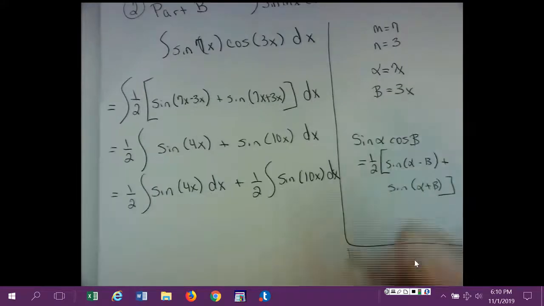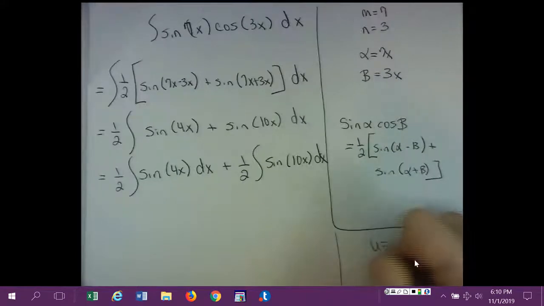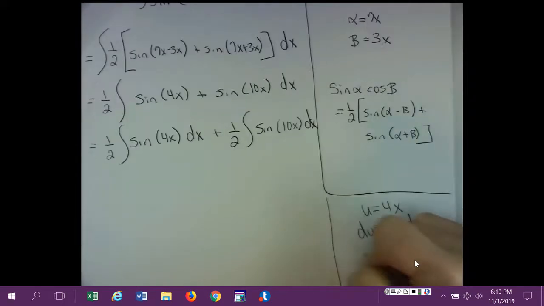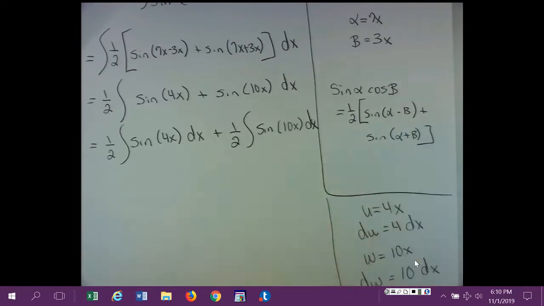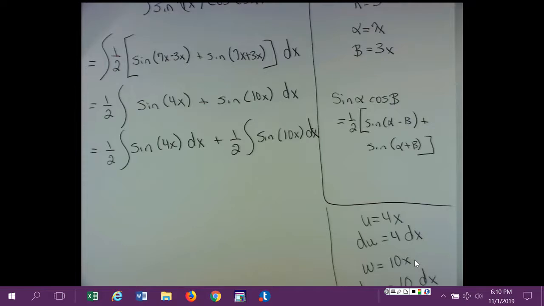And I'll continue over here. If u is 4x, then du equals 4 dx. If w is 10x, then dw is equal to 10 dx. That means that you will need to put in some coefficients.